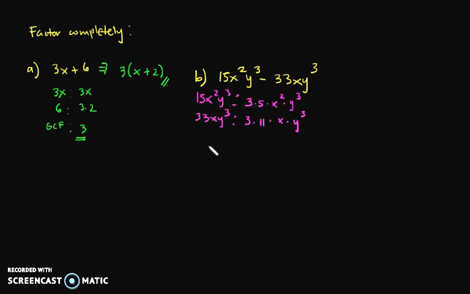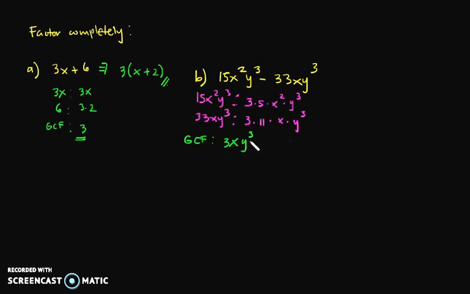So the GCF is 3 for the greatest integer. How about for the variables? So you have the smallest exponent. In this case, you have x squared and x. The smallest exponent is x. Then y cubed is a factor of both monomials, so simply write it down as y cubed.